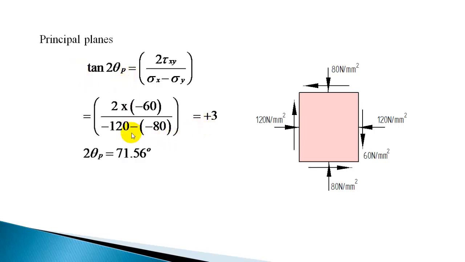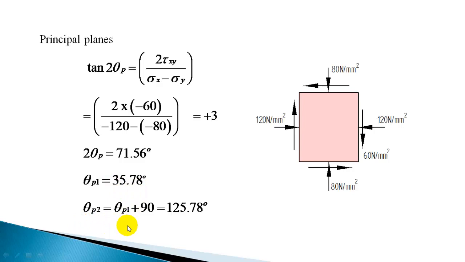You can solve for 2 theta p as 71.56 degree, and from this you can get theta p1. So the first solution for principal planes, theta p1, is 35.78 degree. Once you know theta p1, you can find the other principal plane theta p2 by adding 90 degree to theta p1.